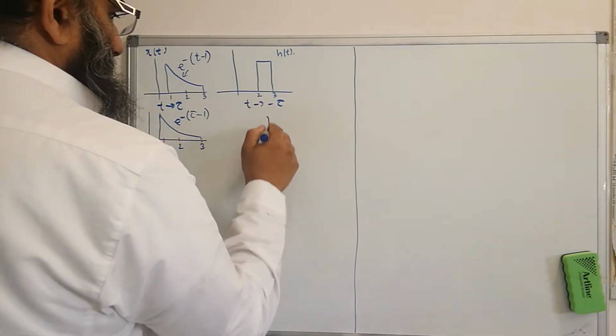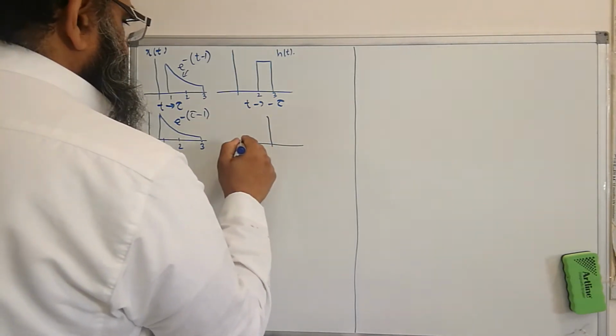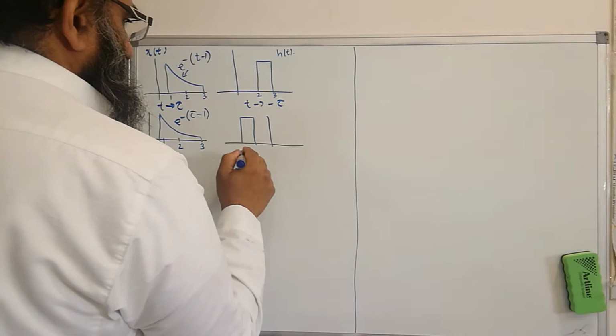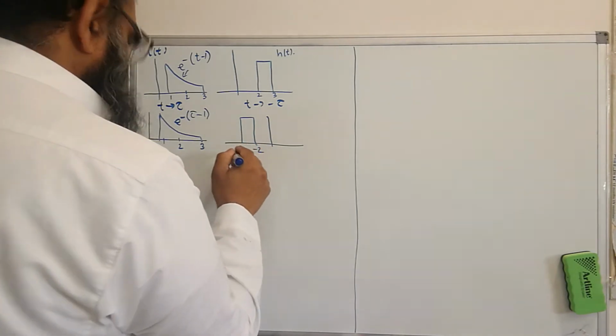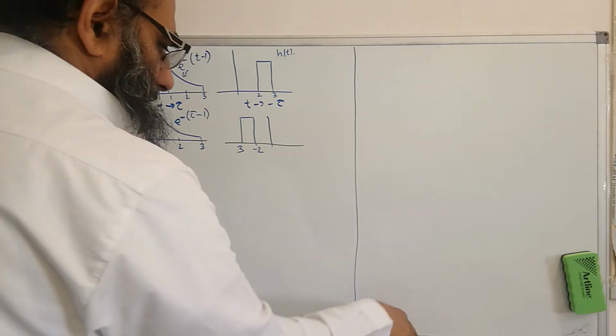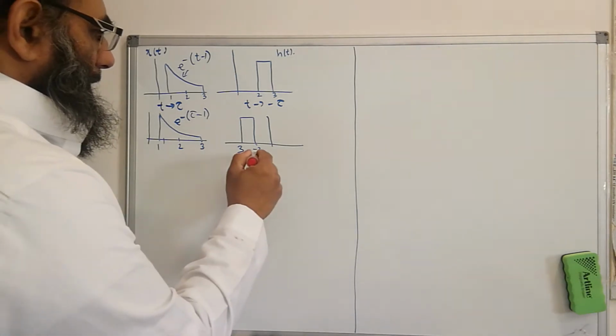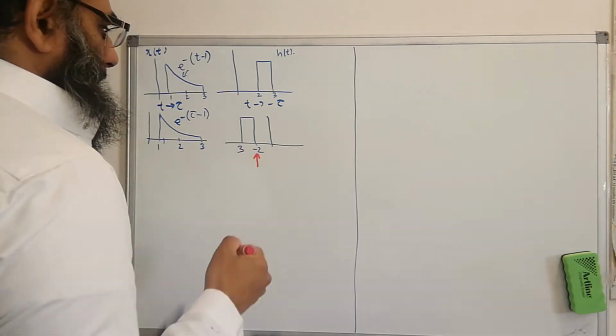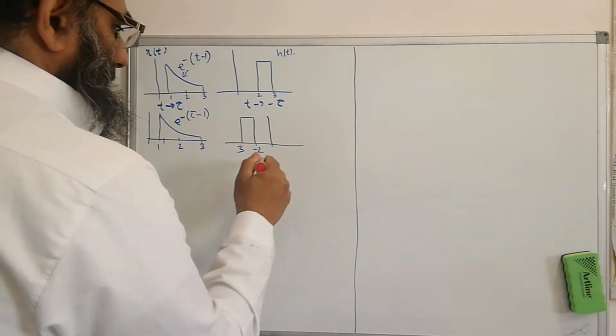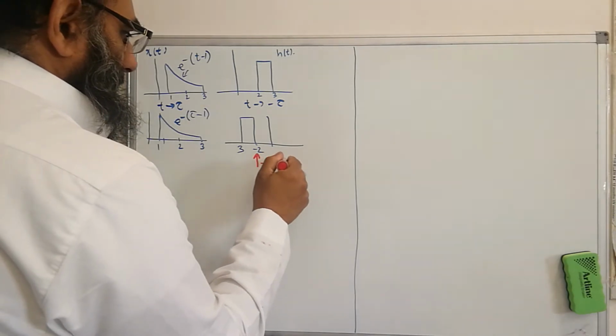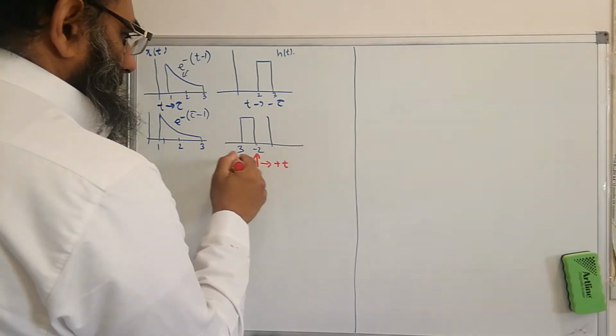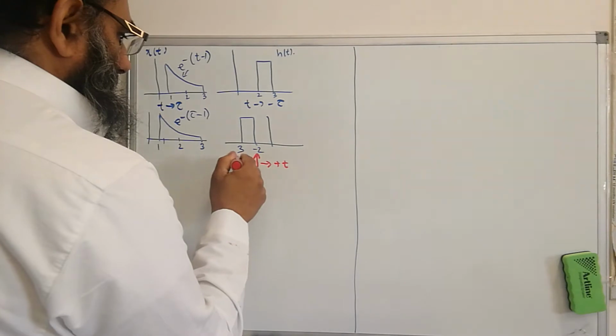and h of minus tau will be starting from minus 2 to minus 3, and the reference is minus 2. All the shifts towards this is plus, and all the shifts toward left side is minus.